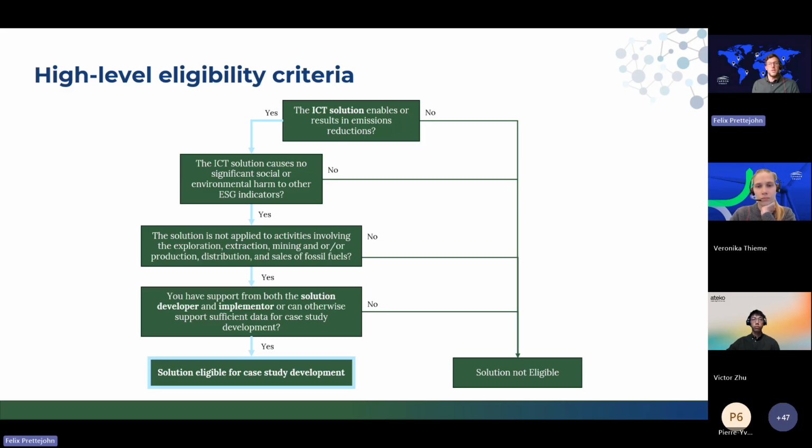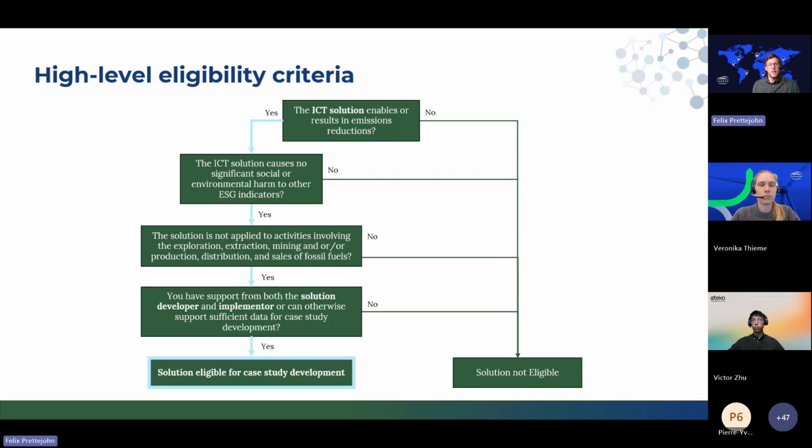Thirdly, the solution should not be applied to activities involving the exploration, extraction, mining, production, anything to do with the fossil fuel supply chain. And this is because we don't want to support and create lock-in in the fossil fuels industry. That's not the main purpose. We're trying to have carbon benefits, system benefits, even if there are some minor benefits that could be achieved through that.